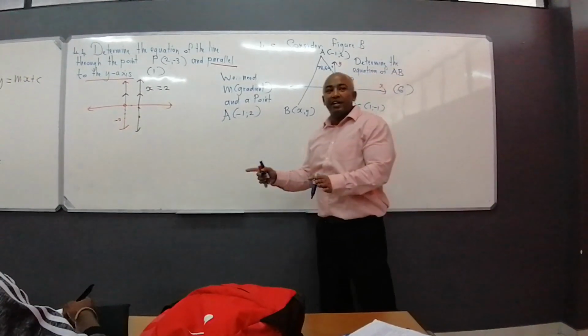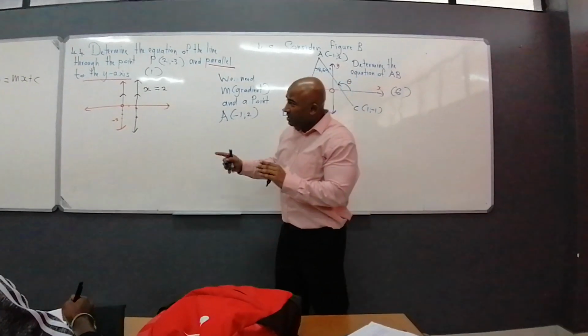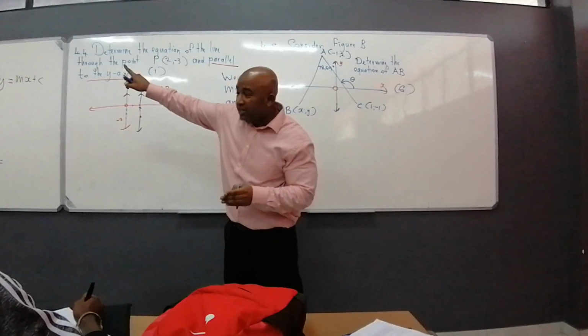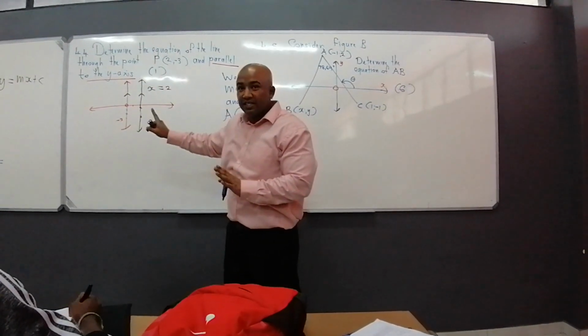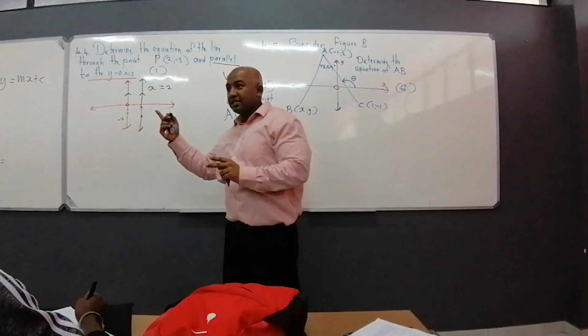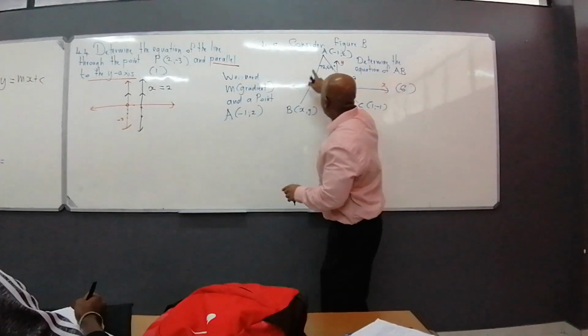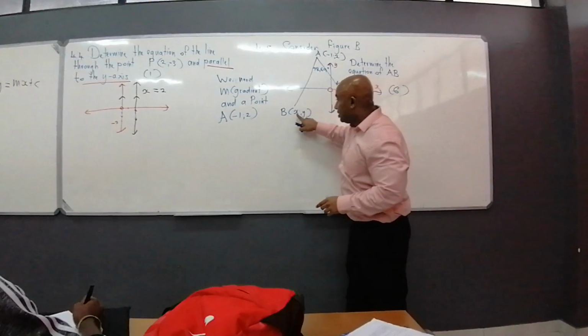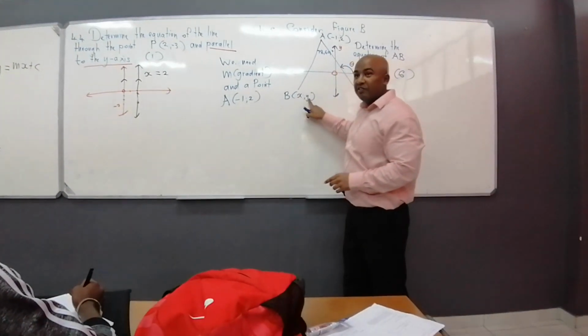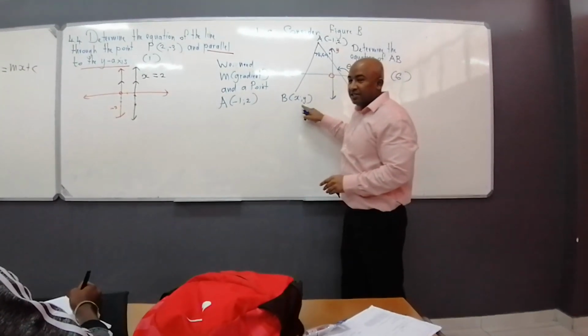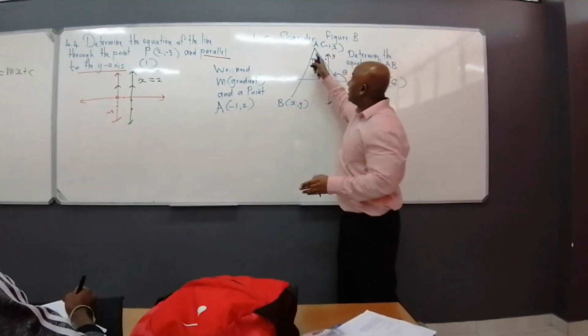So how can we find the gradient? We can use the formula we've used there: change in y over change in x. We need 2 points. We can't use that now. That's a problem. Can you see that? We only have 1 point. We don't have the values for x and y. Alright, so how do we get the gradient?